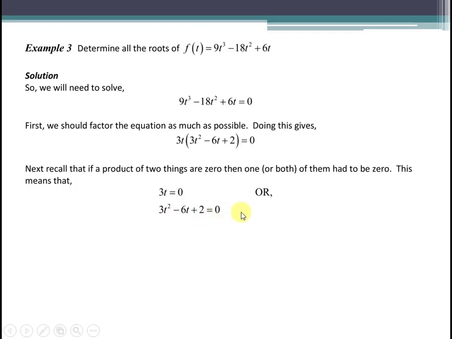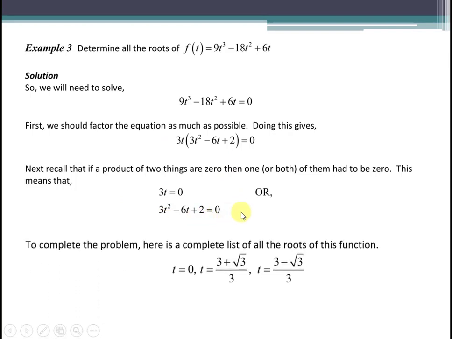So when we solve these equations, we have t is 0, t is (3 plus square root of 3) over 3, and t is (3 minus square root of 3) over 3. They are roots of this function. At these roots, the function will be equal to 0. So we call them roots of this function.